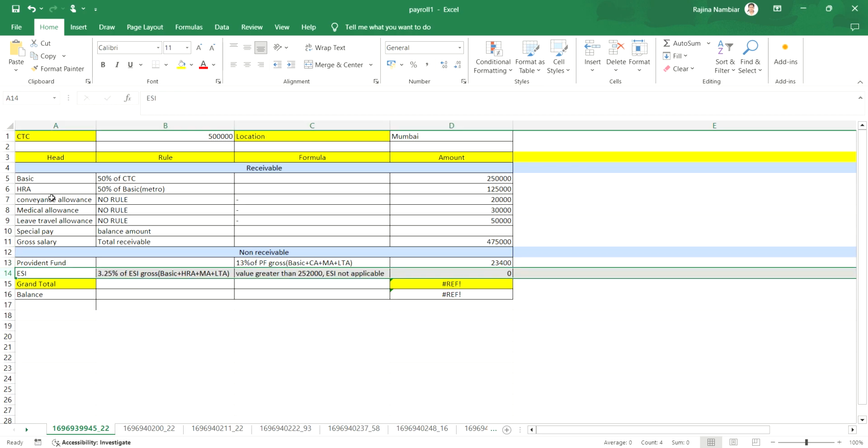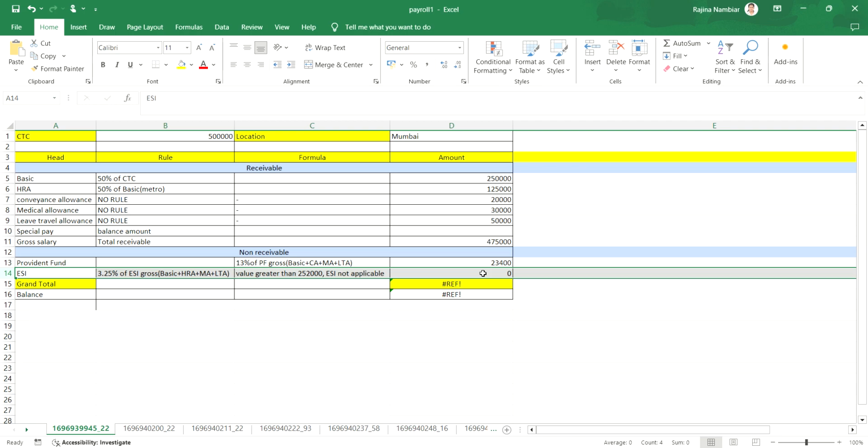So ESI, if I have to calculate, the ESI slab is 2,52,000. If you have to calculate it monthly, it will be 21,000. So any amount exceeding 21,000, the person is not eligible. Here in PF, what was the condition?